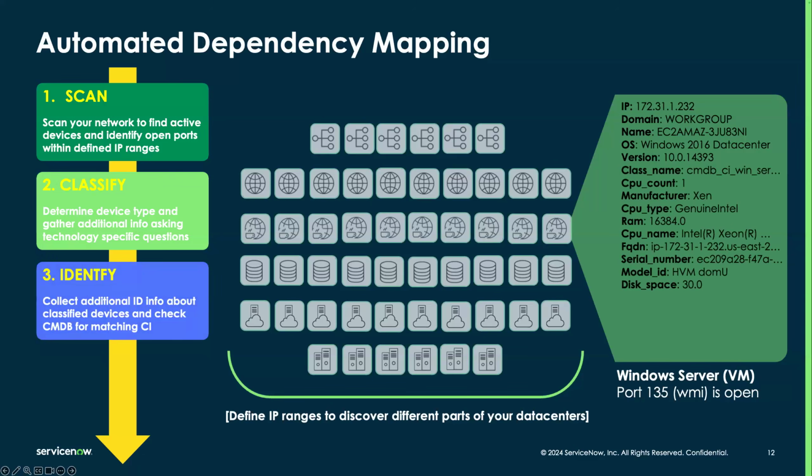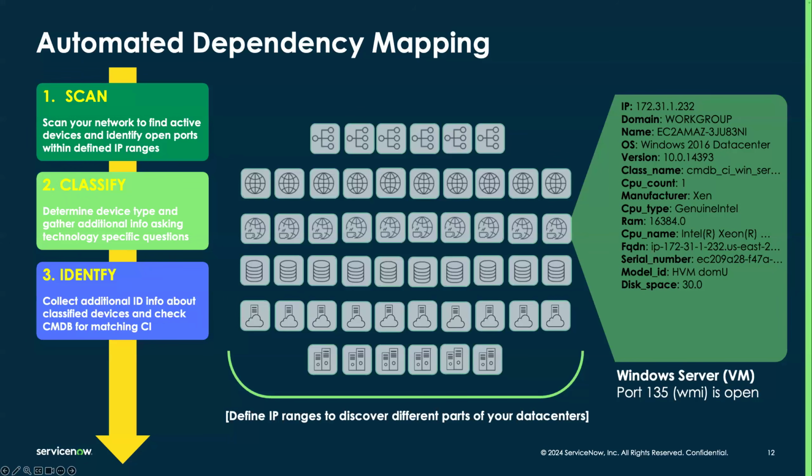The next phase is identification. Discovery at this point needs to gather more information about the device and tries to determine whether that's an existing CI in the CMDB. Discovery, at this point, will run additional probes, sensors, and identifiers to update the existing CIs in the CMDB or to create new ones.